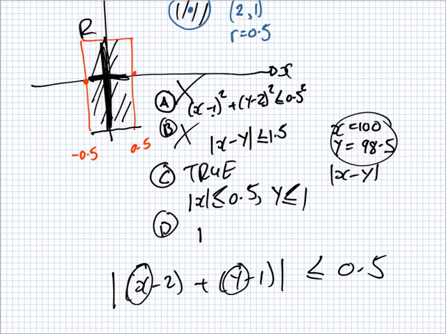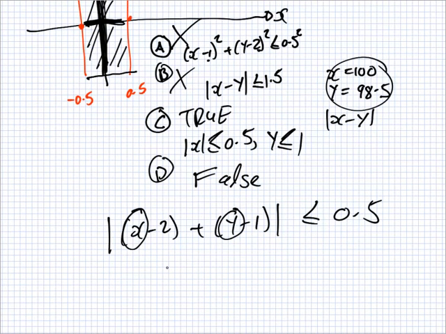Yes? But make sure that their differences are within 0.5. This one's false because I can pick fake x, y numbers that just don't fit into the box. E is true. That's actually the right equation for the circle. So it's going to be C and E.